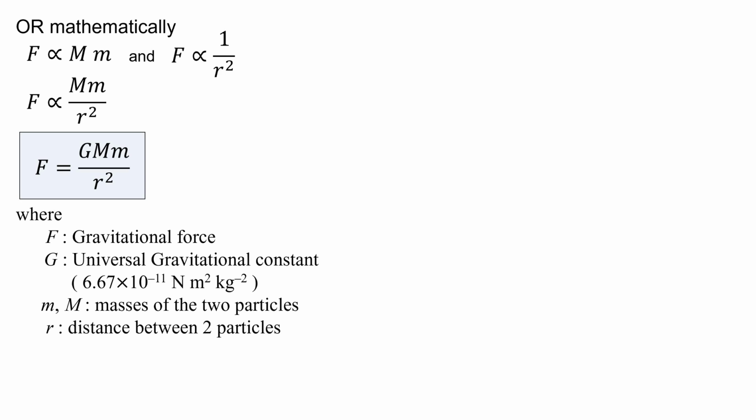Combining these two relationships, we get the equation of Newton's law of gravitation, which is F equals G m M over r squared, where F is the gravitational force, G is the universal gravitational constant, m and M are the masses of the two particles, and lastly r is the distance between the two particles, which again must be measured from the center of the particles.